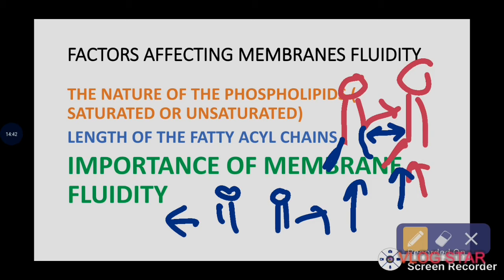Importance of membrane fluidity. Membrane fluidity is very important because various types of molecules in the lipid bilayer mediate chemical reactions that are vital for cell survival. If the molecules cannot move and cannot interact with each other, then these physiological and biochemical processes would stop and the cell will die.